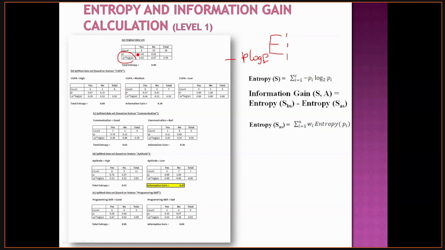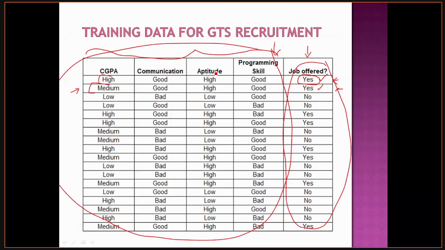Say, for example, with this particular data set, we had 18 records. In the training data, the job offered field, which is the target variable, has two possible labels, either yes or no. Now, let's figure out how many yeses there are: 1, 2, 3, 4, 5, 6, 7, 8.